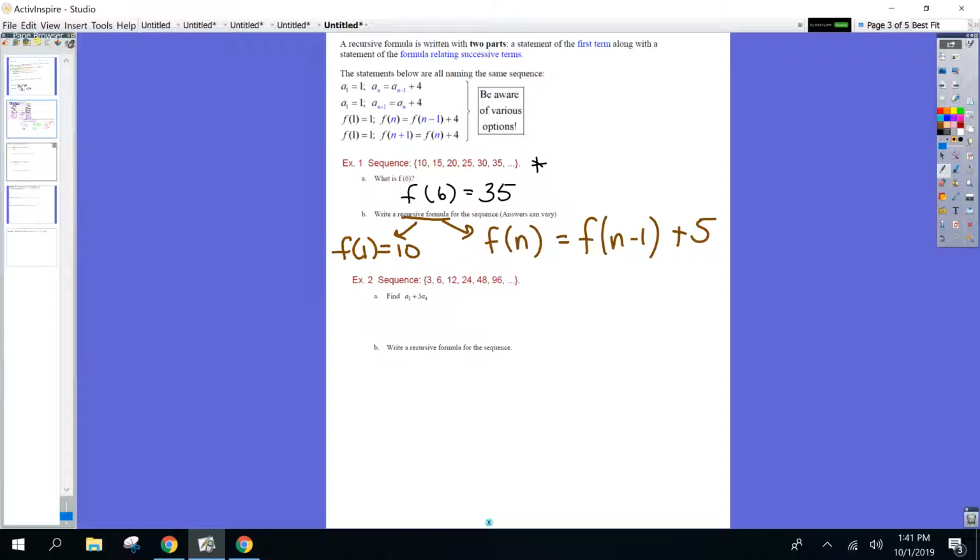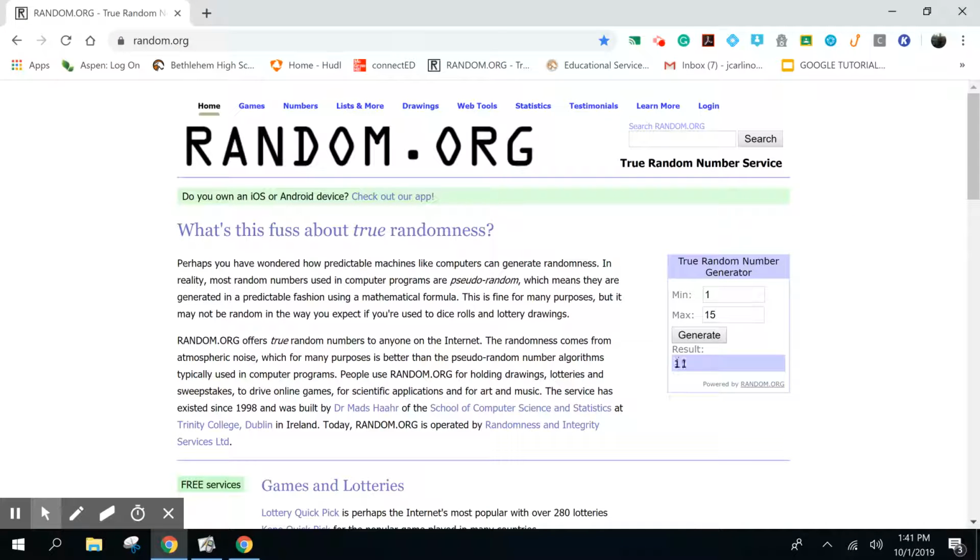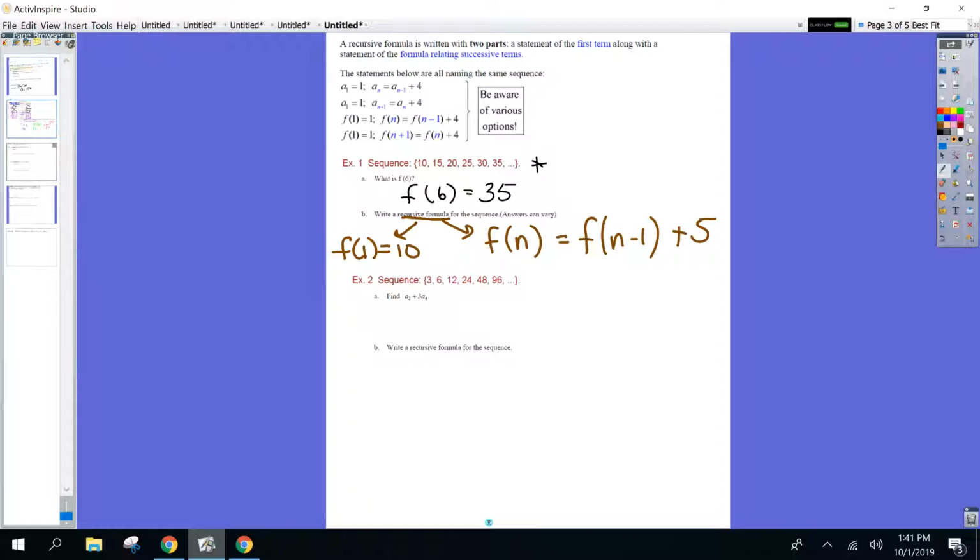Okay, A2 plus 3 times A4. What do we end up with there? Okay. Yep, because you have 6, the second term, plus 3 times the fourth term, which is 24. And crunch those numbers, and you get 78 as your answer there.